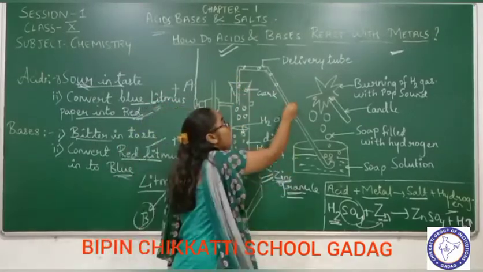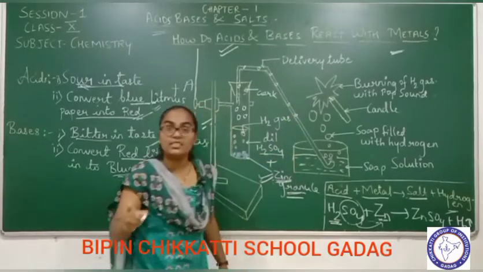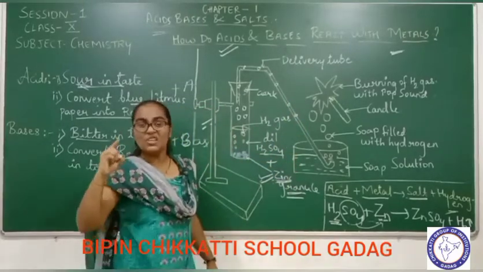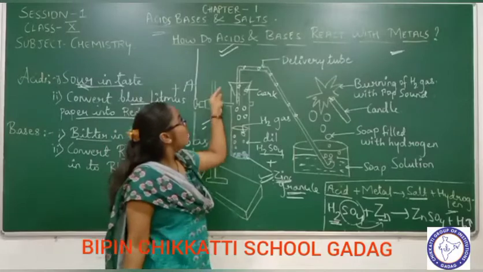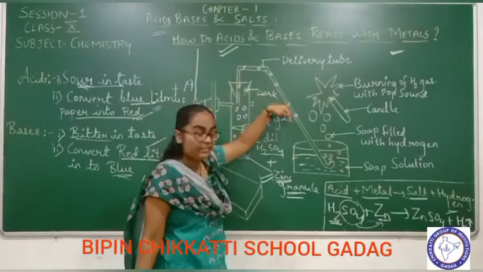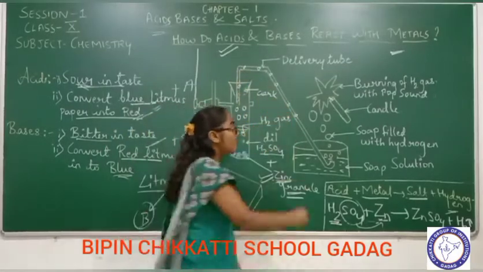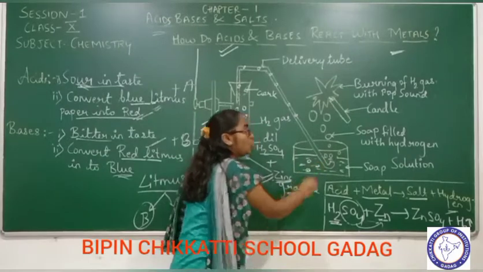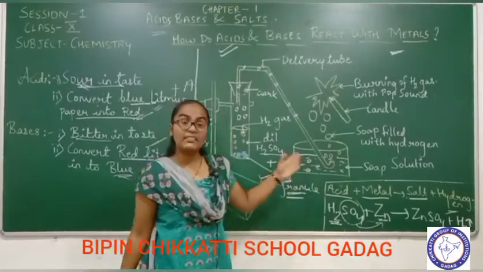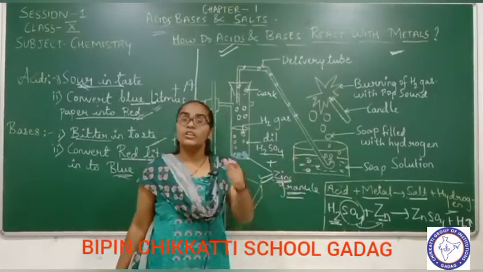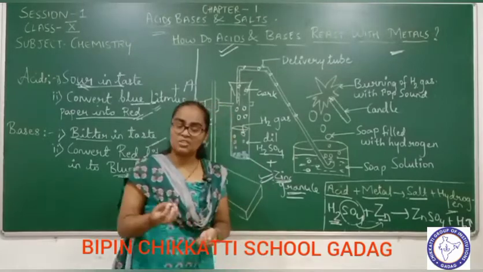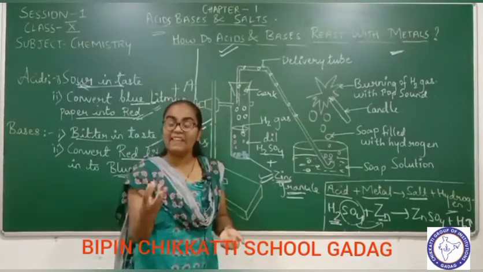So when it passes through this tube, which gas is evolving? Hydrogen gas. This hydrogen gas will pass through the delivery tube and come in contact with the soap solution. You know how soap solution will have lather, right? It has bubbles.